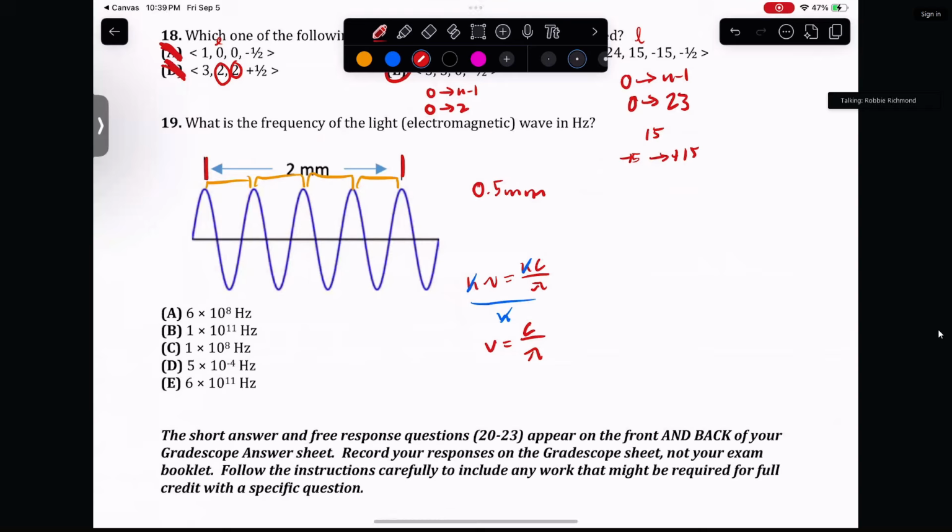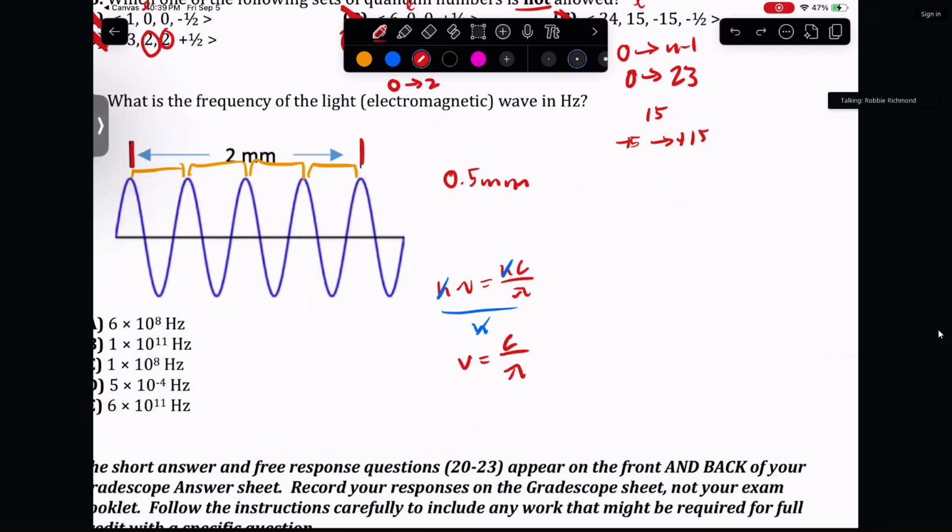Cool. Now we just substitute our values in and realize speed of light is in meters per second, so we will have to convert that in. What am I doing? That is not the speed of light. Divided by, let's convert that, 1 millimeter is 10 to the negative 3 meters.